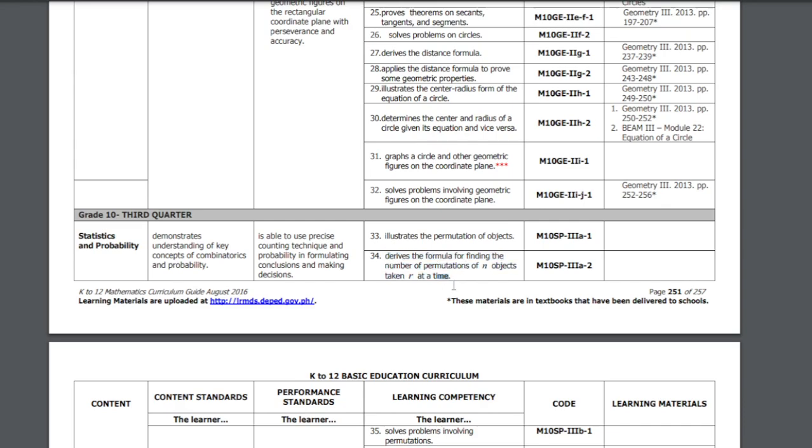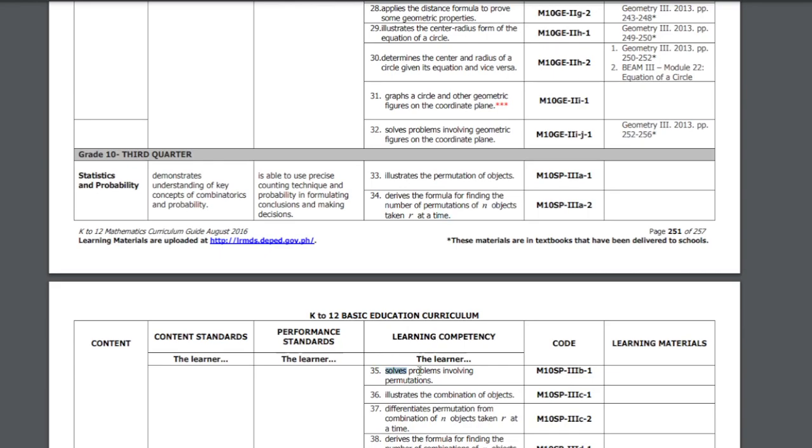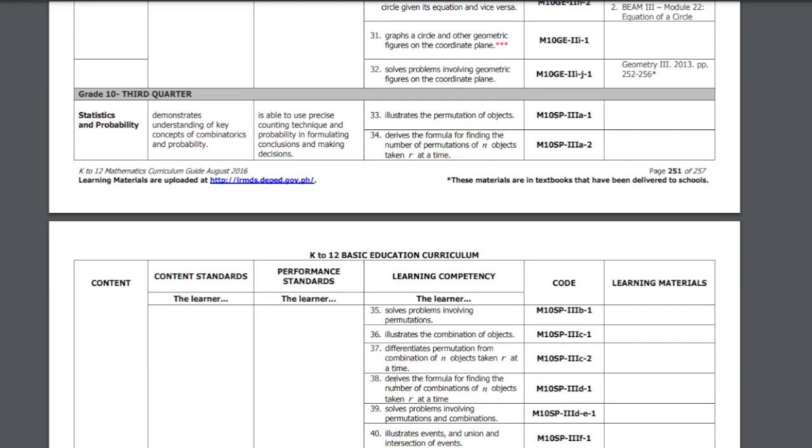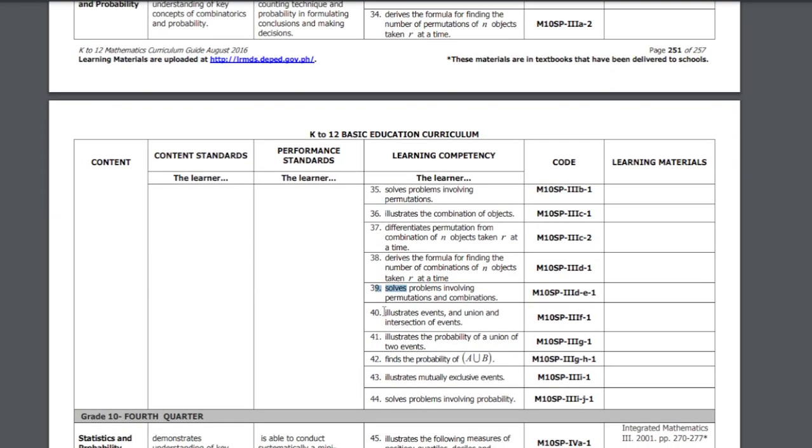I'll explain this when we get there. And of course, we're going to solve those permutations, and then we go to combinations. Permutations and combinations, the bread and butter of probability. Differentiate permutation from combination, then we have to derive, then of course solve, and now we go to this one.